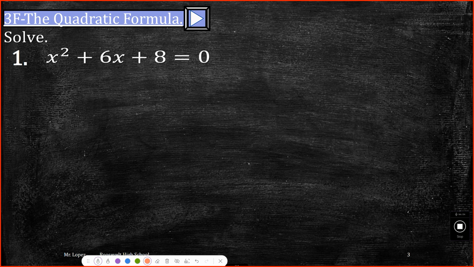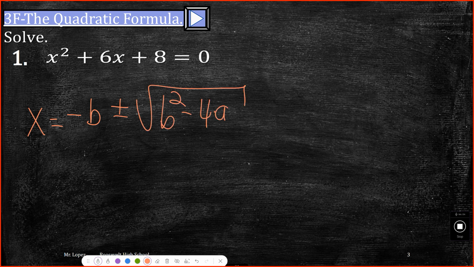But hopefully you remember this formula that is called x equals negative b plus or minus the square root of b squared minus 4ac, all over 2a.